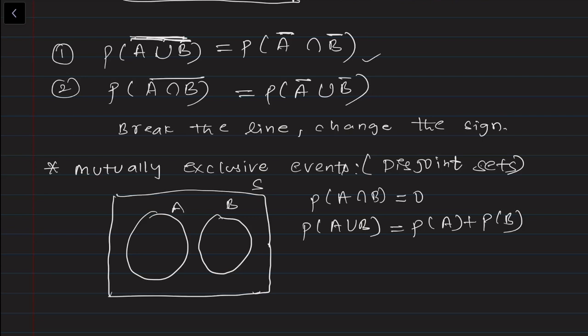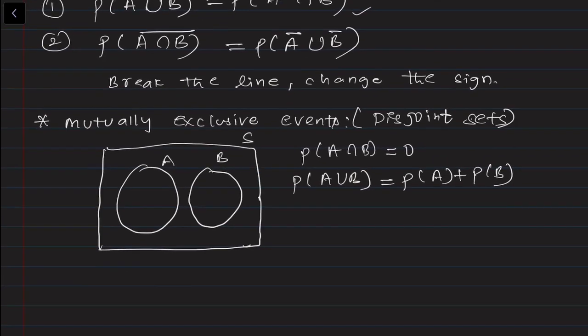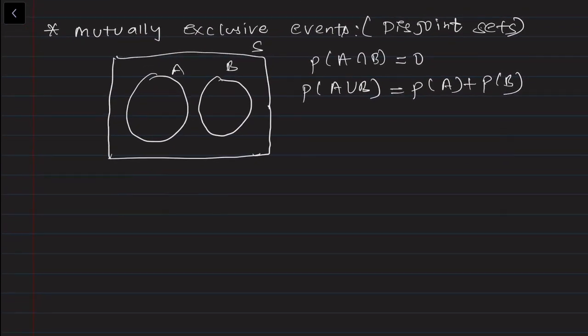Now, an example of mutually exclusive events could be, for example, event A is getting a king from the 52 cards and event B is getting an ace from the cards. Now these two events cannot occur at the same time.